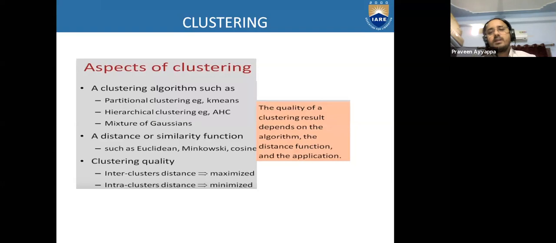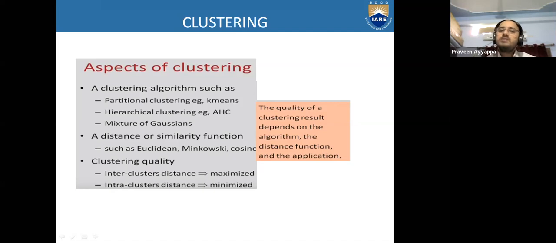And finally, the quality of the clustering results depends on the algorithm we are applying, the distance function, and the specific application we are making use of this particular algorithm for. Here we have the partitional clustering algorithms, hierarchical clustering, mixture of Gaussians, etc. The important statement I'm going to repeat: the quality of the clustering result depends on the algorithm.